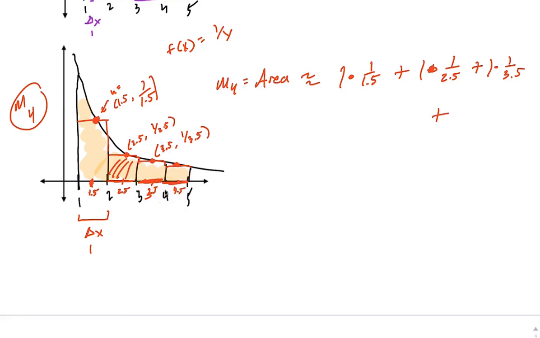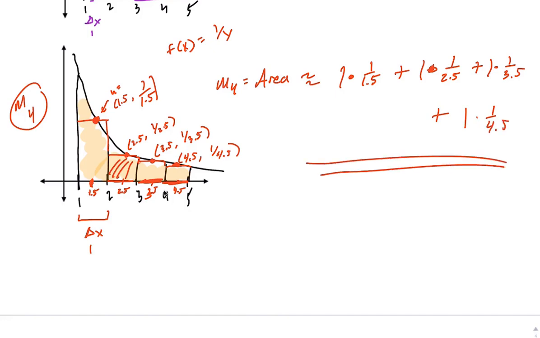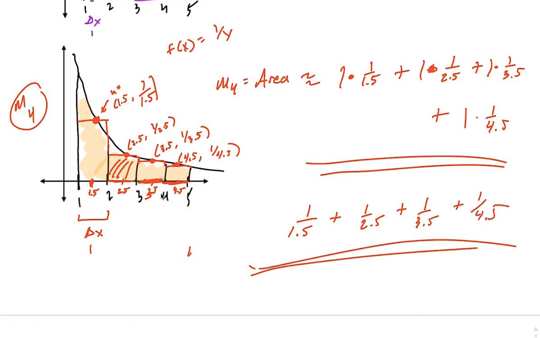That is 1, the width, and my height's going to be 4.5 and 1 over 4.5. So 1 times 1 over 4.5. And that's your answer: 1 over 1.5 plus 1 over 2.5 plus 1 over 3.5 plus 1 over 4.5. And that's our M4 approximation.